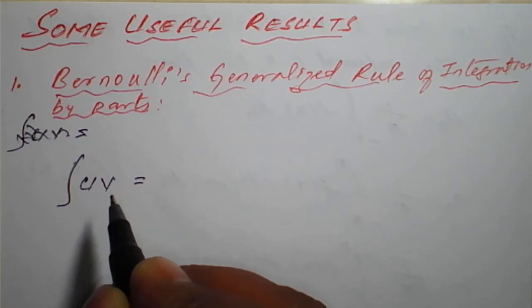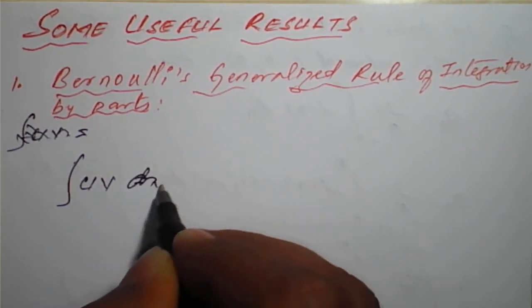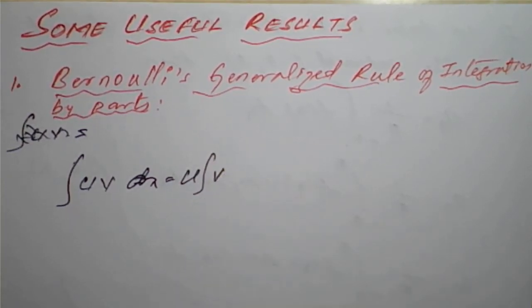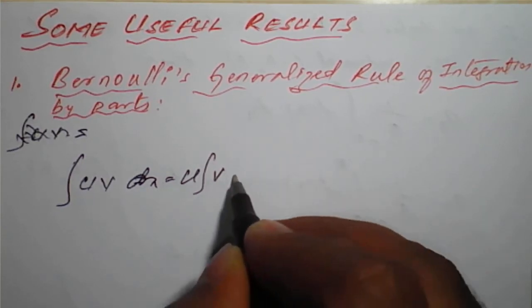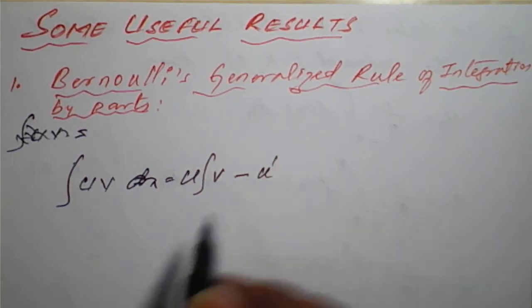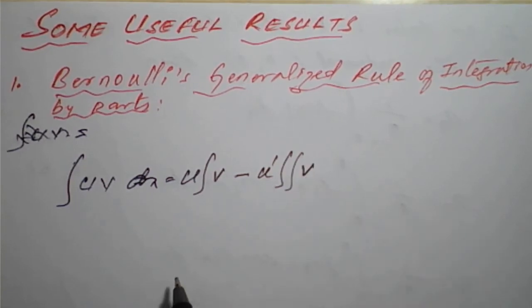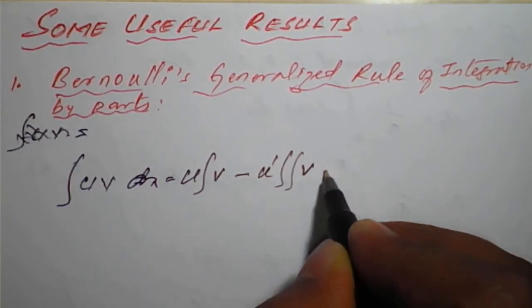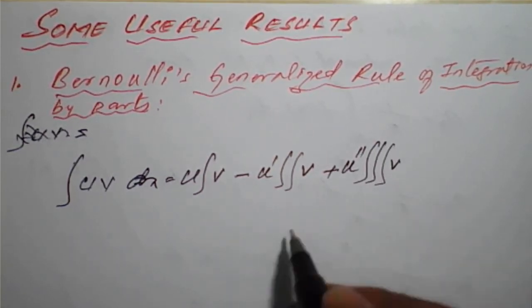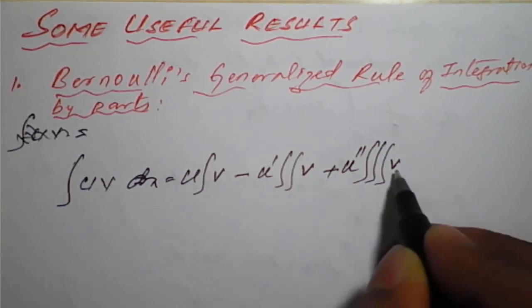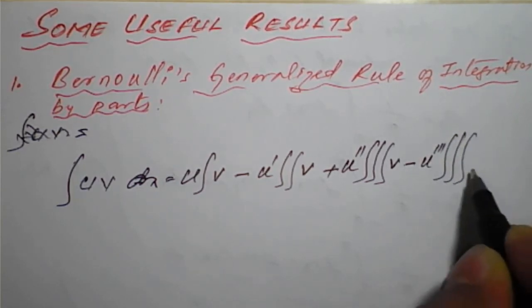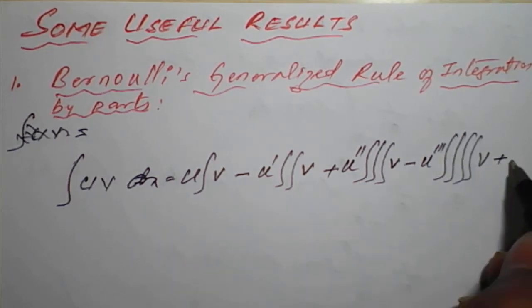Integration of uv is nothing but: keep u as it is, integrate v; minus, differentiate u, double integrate v; plus, double differentiate u, triple integration of v; minus, 3 times differentiation of u and 4 times integration of v; plus, and so on.